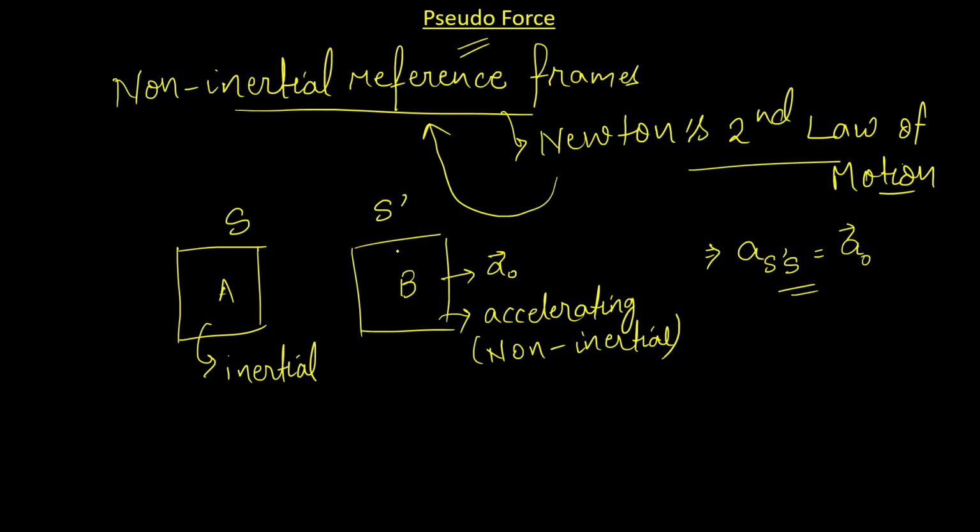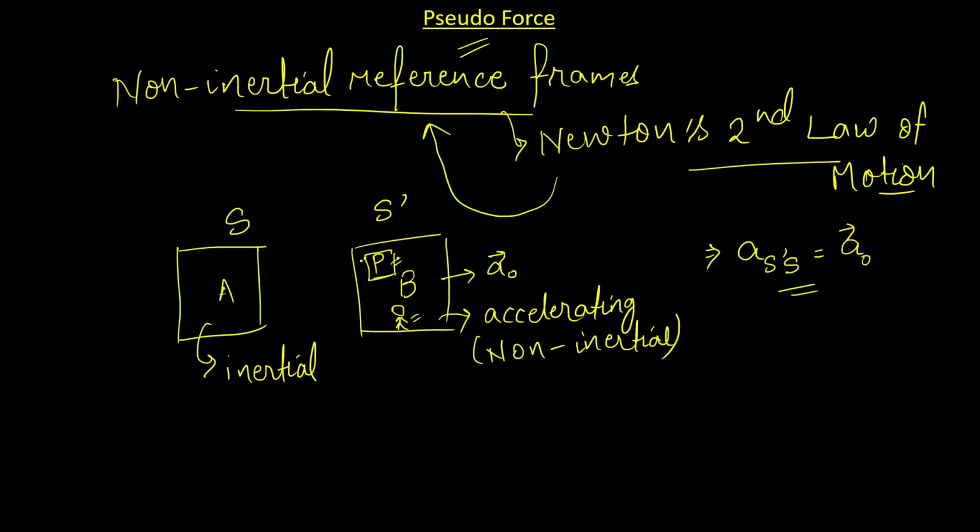There is some particle P within this non-inertial reference frame. This is the case I'm actually discussing, that suppose any particle P is there within this non-inertial reference frame and there is an observer within this non-inertial reference frame which is looking at this particle P, and this observer wants to apply Newton's second law of motion to this particle P while being inside the non-inertial reference frame.